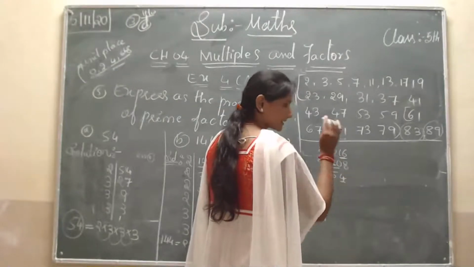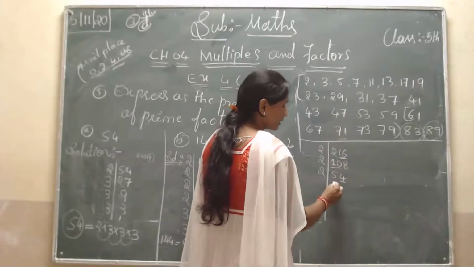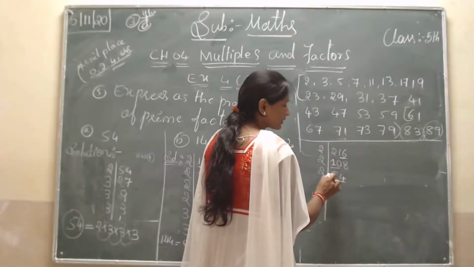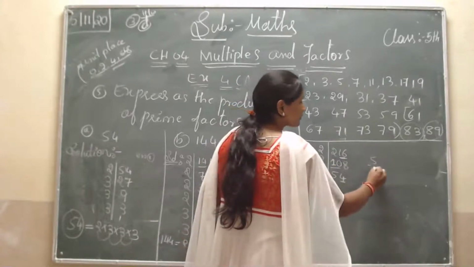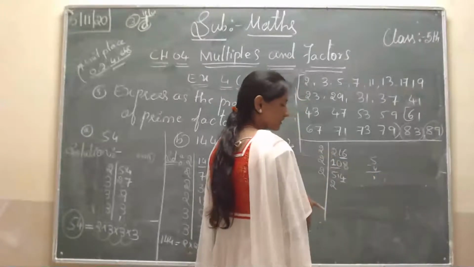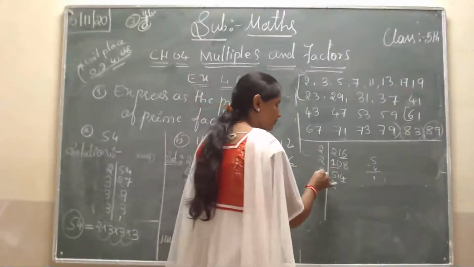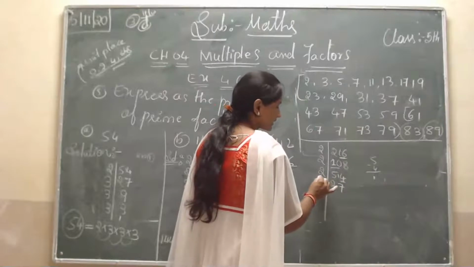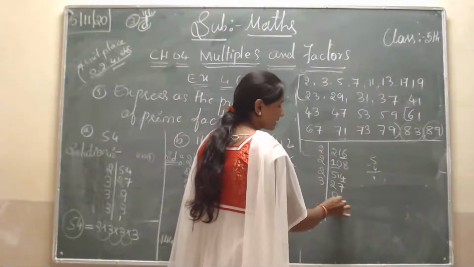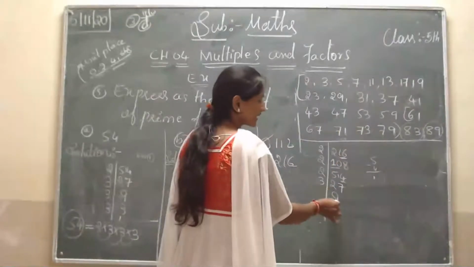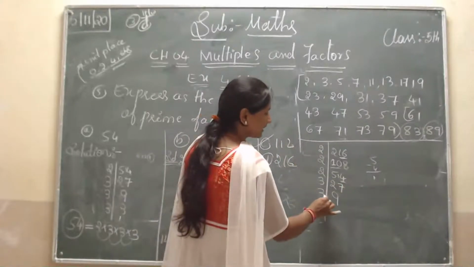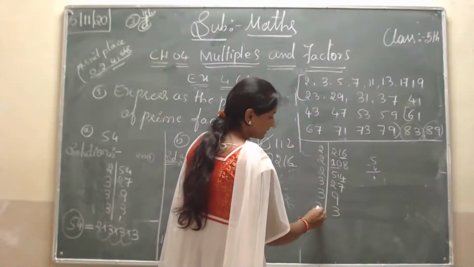Next, 2 twos are 4, 1 is left, so 1 4 is 14. 2 sevens are 14. Next in 3, 3 nines are 27. Next 3 threes are 9, 3 ones are 3.